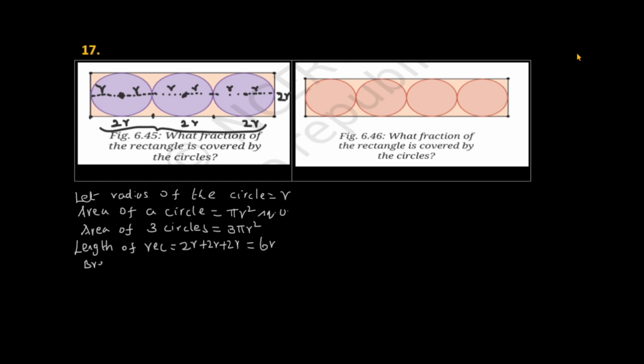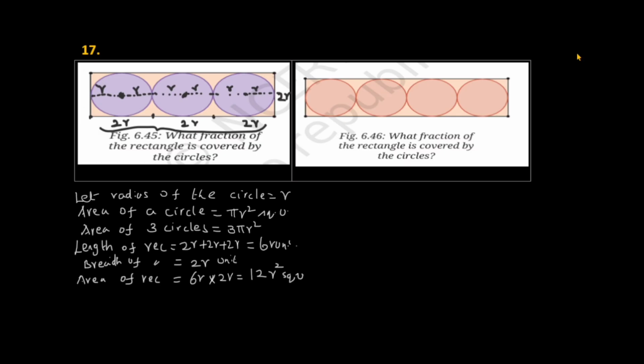Breadth of the rectangle is 2R units. So area of the rectangle is length into breadth. Length is 6R, breadth is 2R. So that is equal to 12R square units.